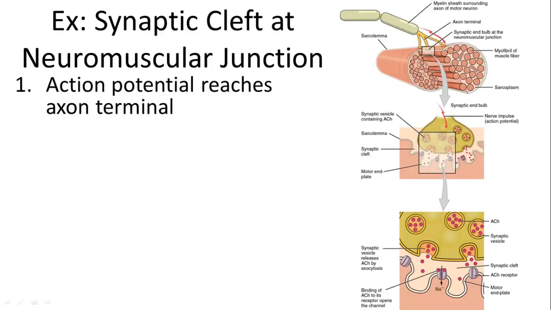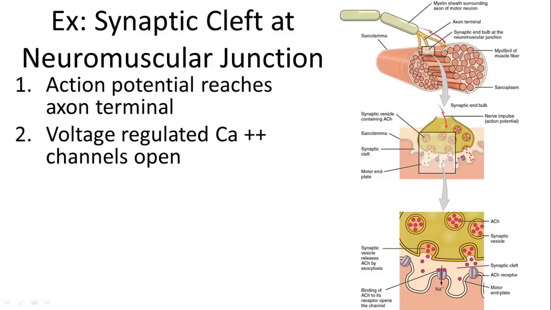Okay, so the first step here, this action potential, this change in charge occurs at the end of the neuron, and it reaches the axon terminal. Okay, so here it is at the axon terminal. That causes voltage-regulated calcium channels to open.